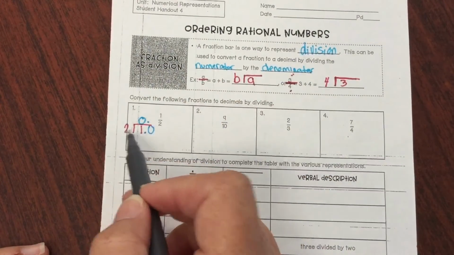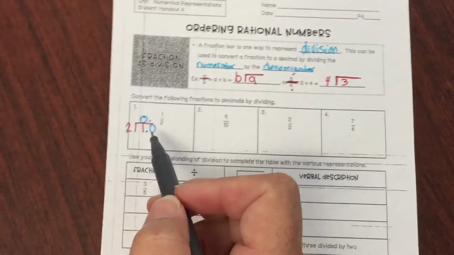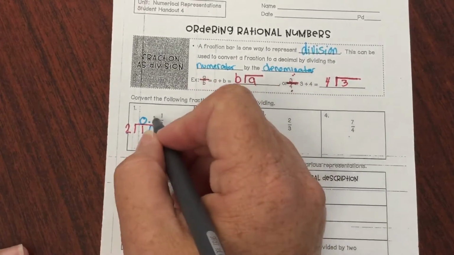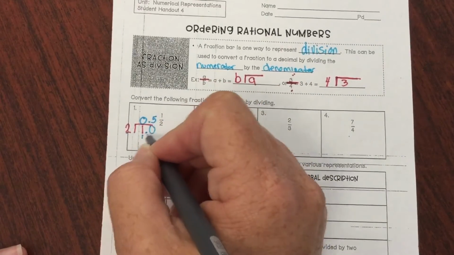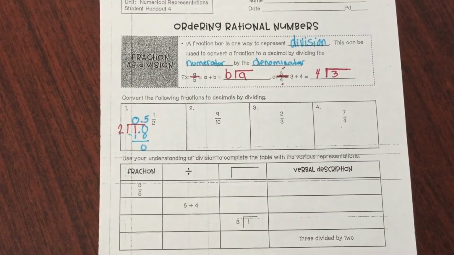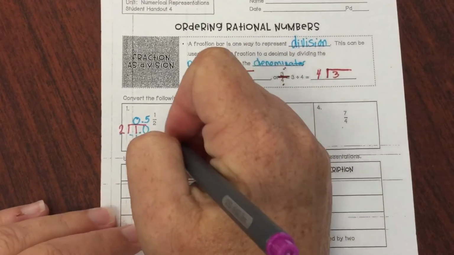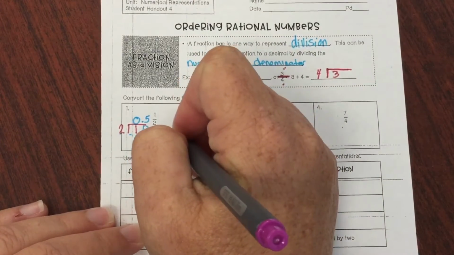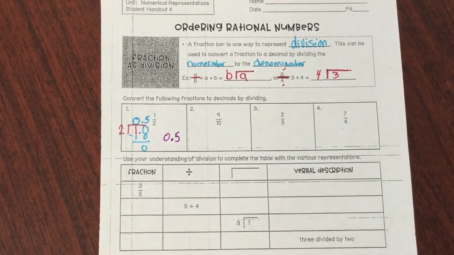Now I can say how many times can 2 go into 10? 5. 5 times 2 is 10. I subtract. So my decimal for 1/2 is going to be 0.5. Would you agree? Okay. I'm going to give you about a minute or so to do numbers 2, 3, and 4 on your own.